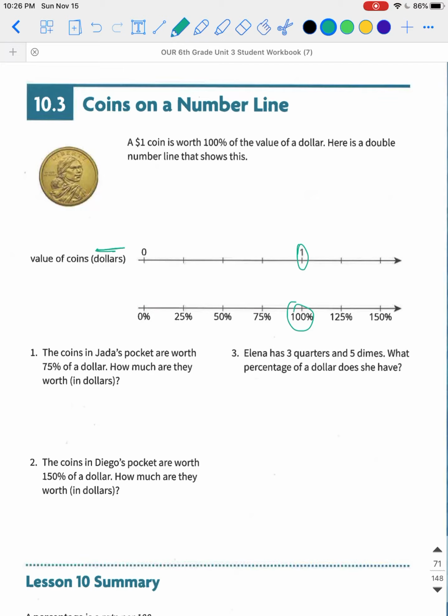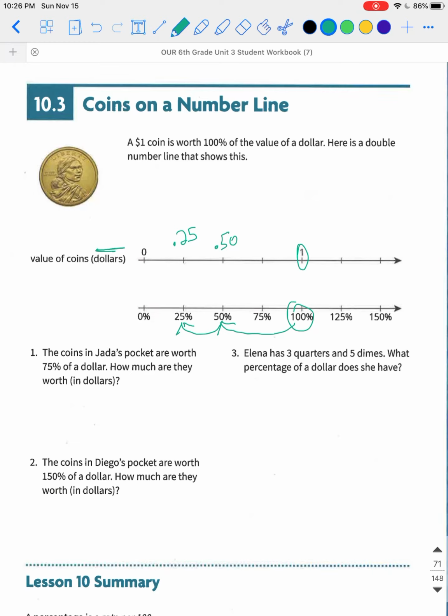We know that 50%, or half of a dollar, is 50 cents. We know that half of 50% is 25 cents. 25% is 25 cents.